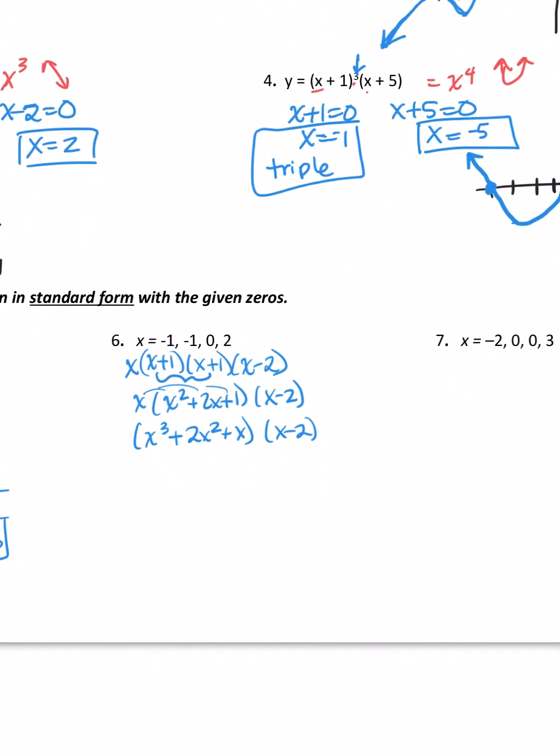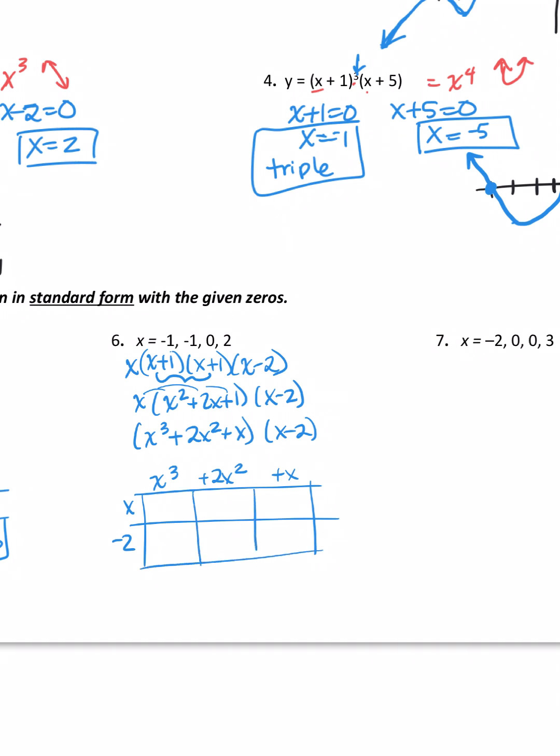And now I can do that little box that we talked about. X to the third plus 2x squared plus x. And then we have x minus 2. So when I multiply these like a Punnett square, I multiply x to the third, x times x is x squared, minus 2x to the third, minus 4x squared, minus 2x.